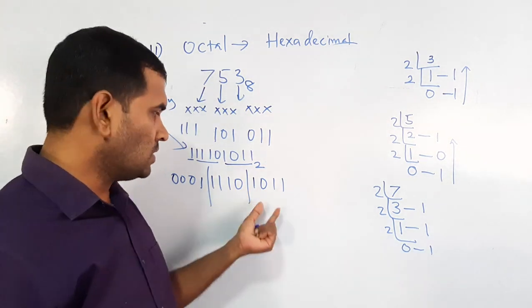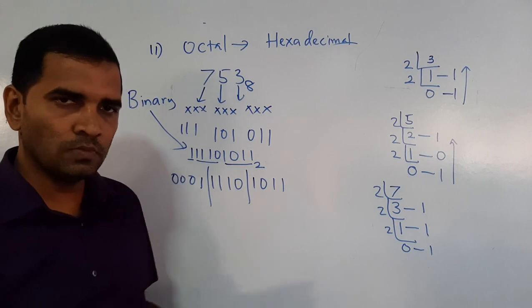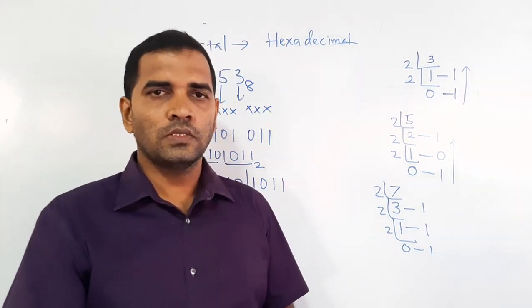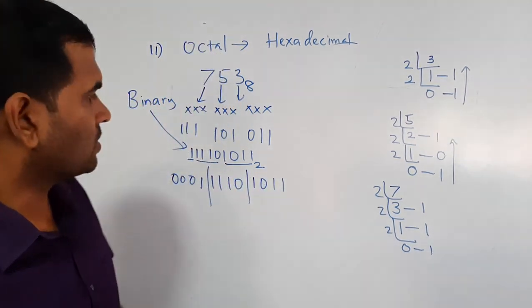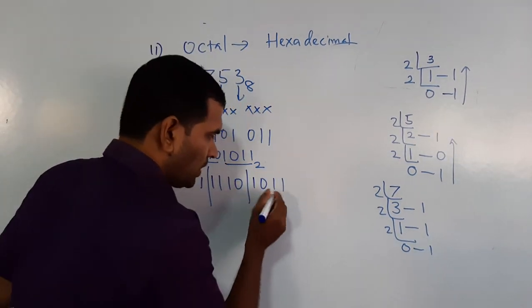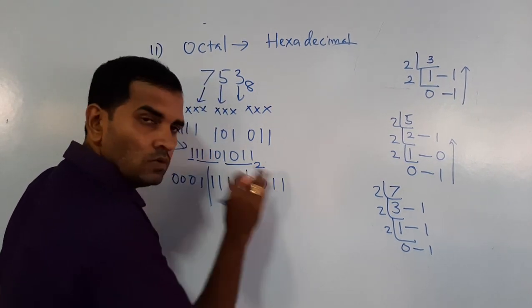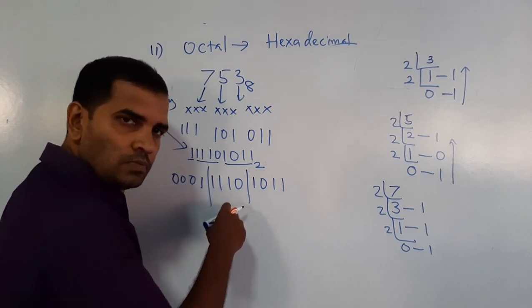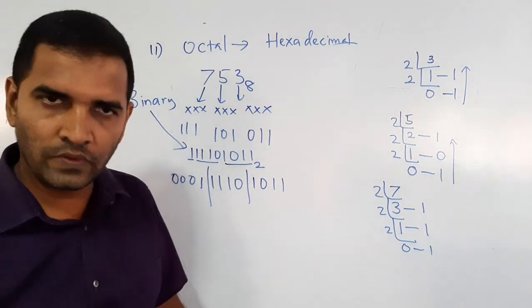The reason for dividing this binary number into groups is that 4 binary digits are needed for representing one hexadecimal character. So now we have to find the hexadecimal number which is represented by 1011. Similarly, 1110 will represent a hexadecimal digit. We have to find it. Here also we have to find it.